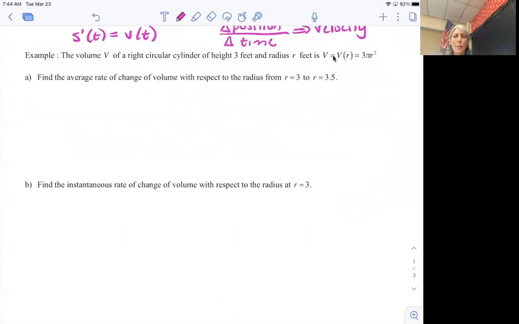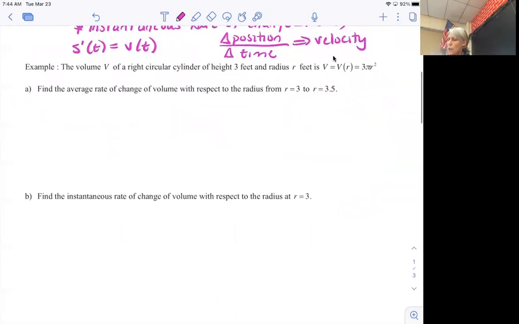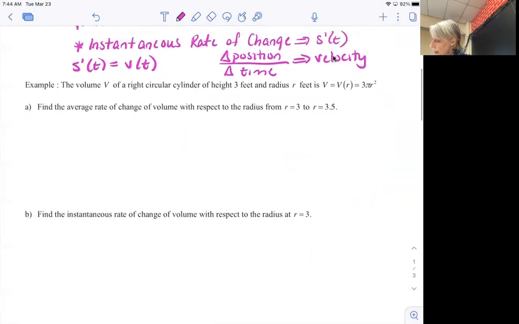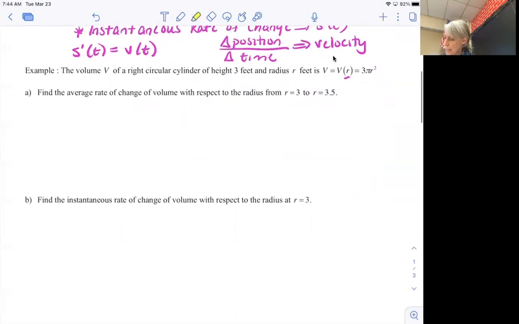Let's start with something simple here. The volume V of a right circular cylinder of height 3 feet and radius r feet is V of r equals 3 pi r squared, so we're going to get volume by plugging in radius. Find the average rate of change of volume with respect to the radius from r equals 3 to r equals 3.5.